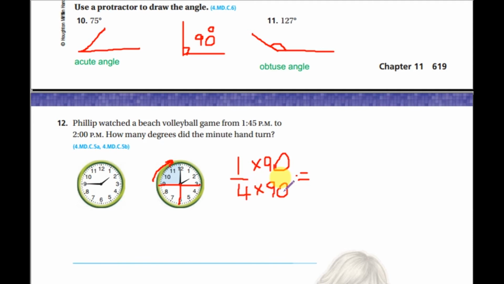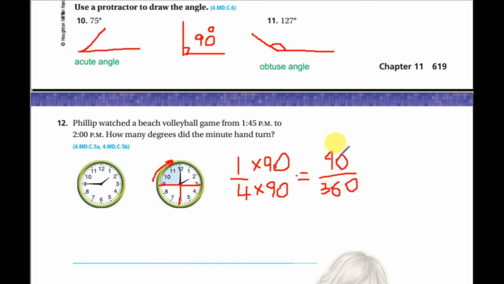And of course, if you multiply the denominator by 90, you should multiply the numerator also by 90. 1 times 90 will be 90. And 90 times 4, we put the 0 first, then multiply the whole digits. 9 times 4 will be 36, right?